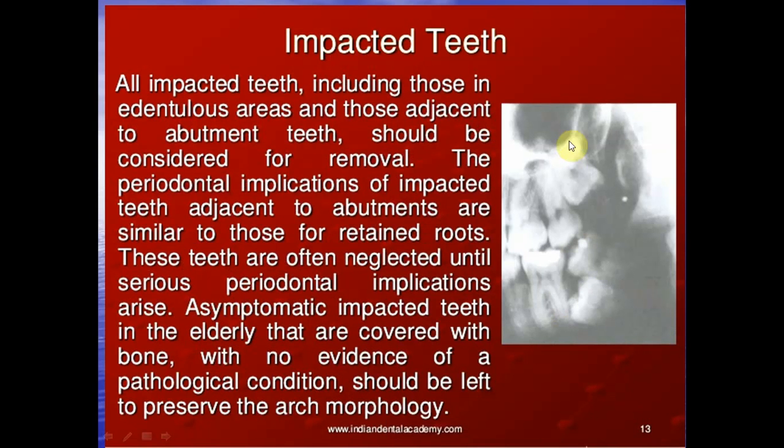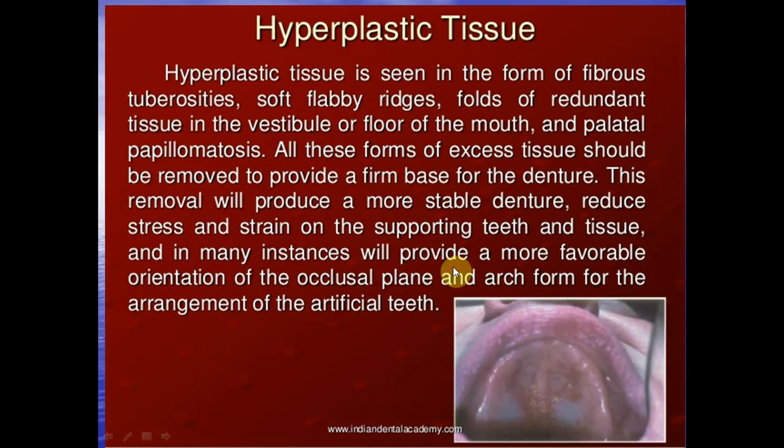Impacted teeth are teeth which are in bone. They can also erupt after the denture is made, or they can damage the roots of the teeth, which are abutment of our bridges, and many other conditions.